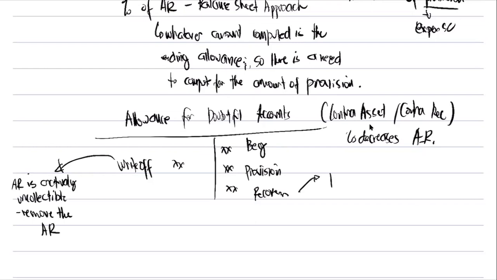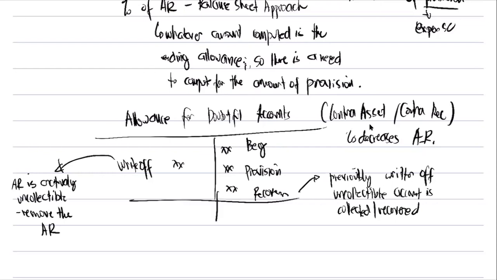Recovery: a previously written off uncollectible account is collected or recovered. And then we have here your ending allowance for doubtful accounts.